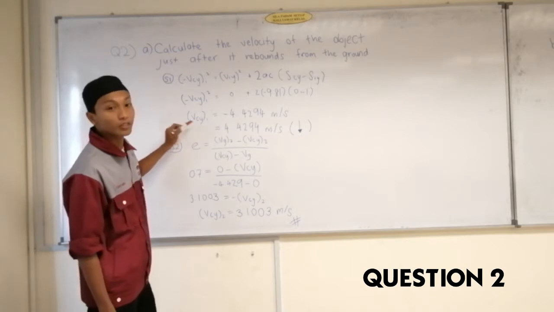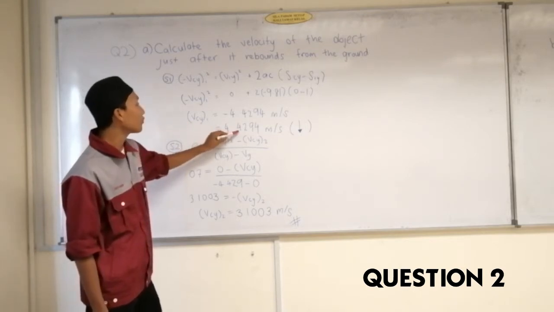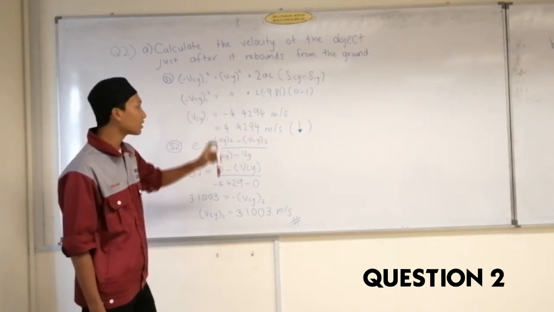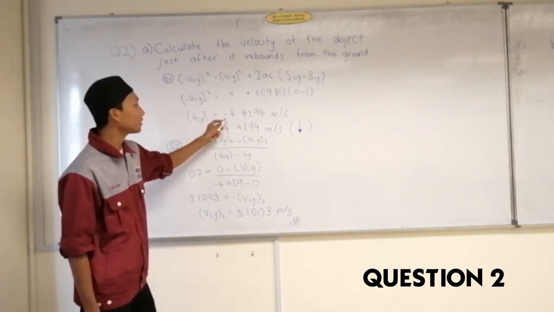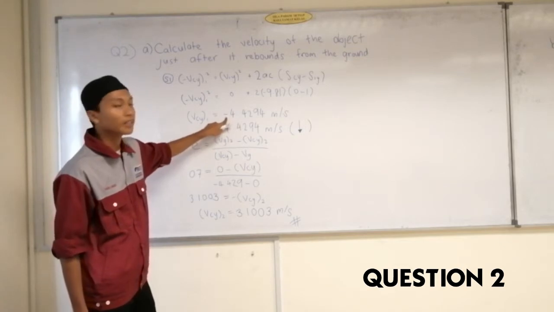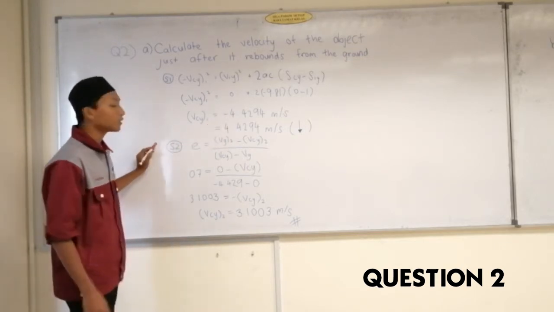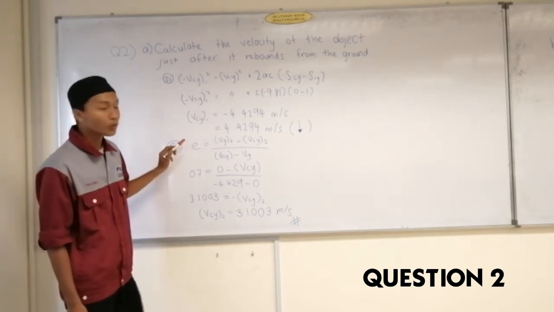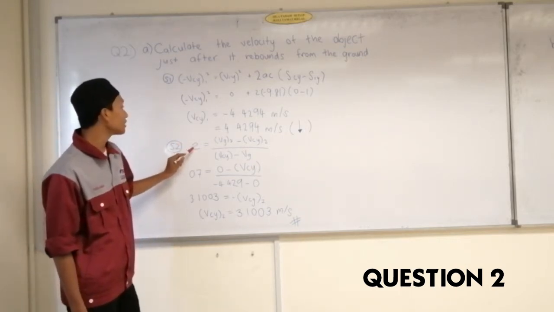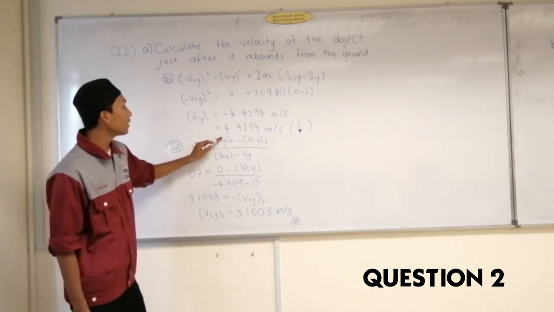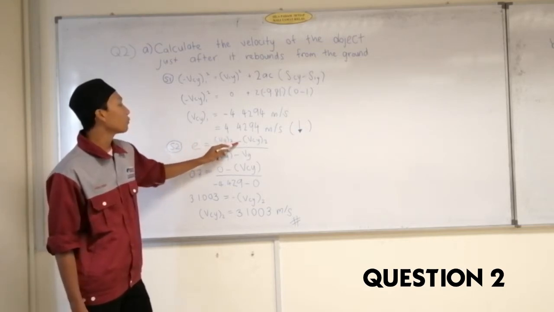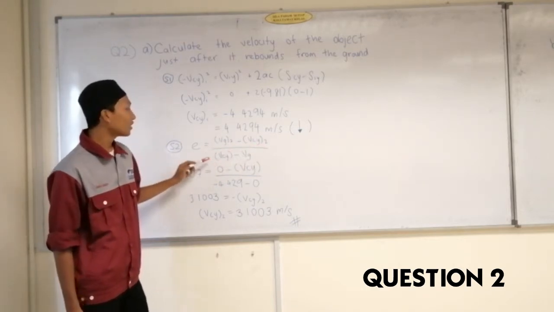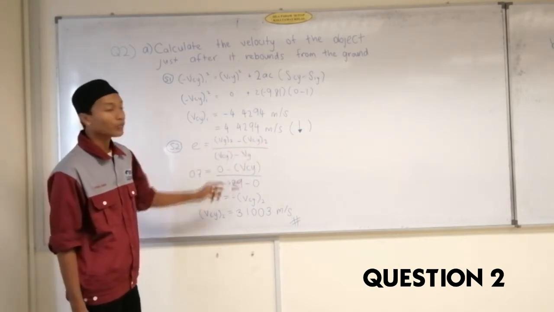So VCY is 4.4294 meter per second pointing downward, because the value is negative. Then we continue with step 2. We use the coefficient of restitution equation. The equation is E equal to VG2 minus VCY2 divided by VCY minus VG.